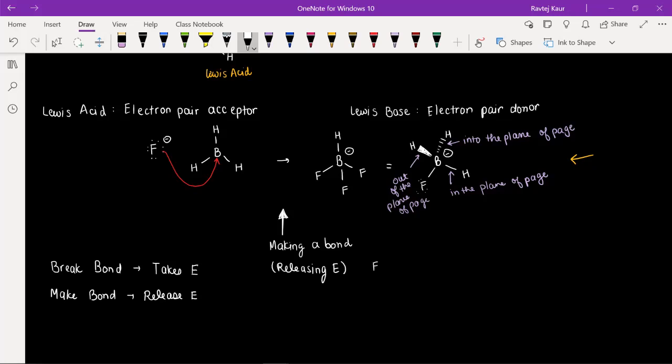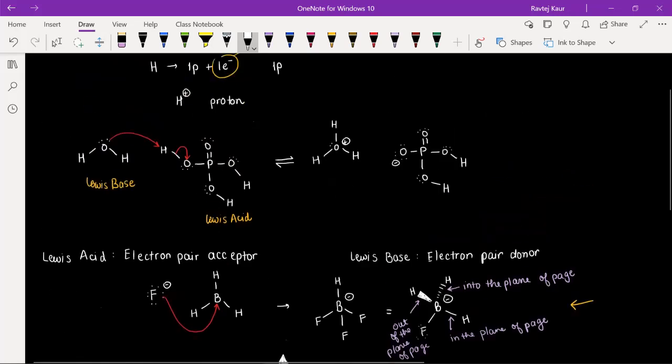So it looks like this reaction would be exothermic. But then, on the other hand, in the top reaction, you have one bond which is in the process of making, and the other bond is in the process of breaking. So how do you know whether it is endothermic or exothermic?